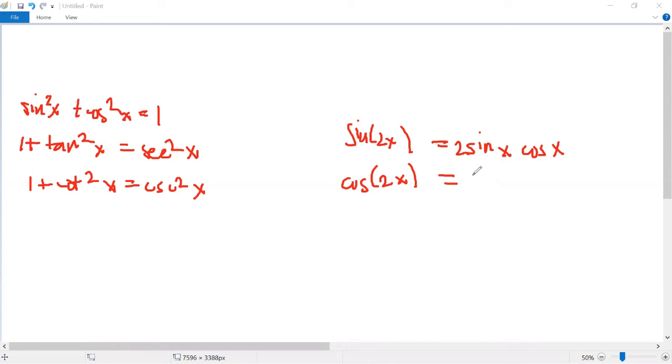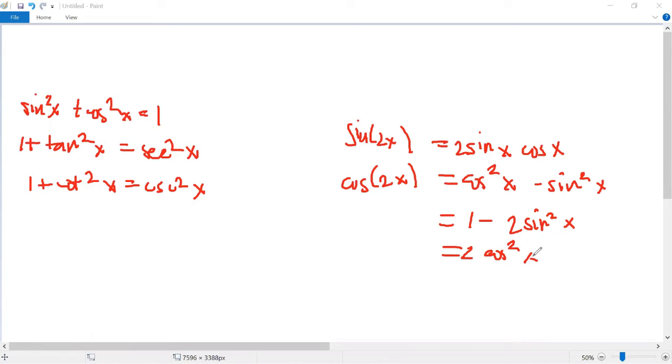You can convert this into cosine squared minus sine squared, or you could set it equal to 1 minus 2 sine squared, or 2 cosine squared minus 1.